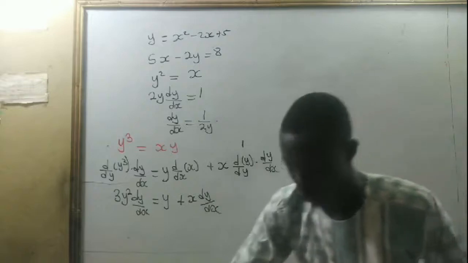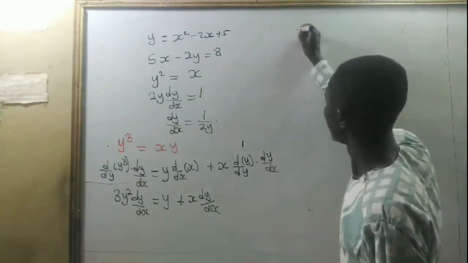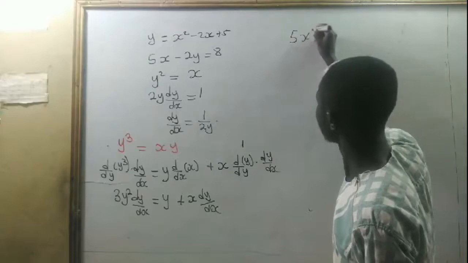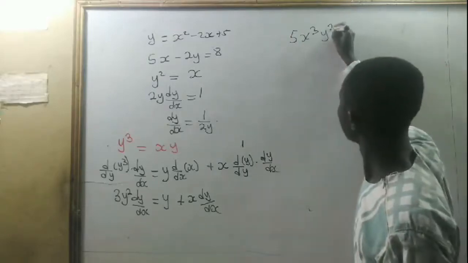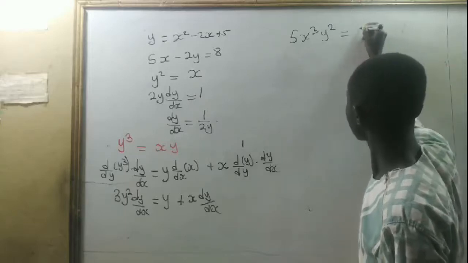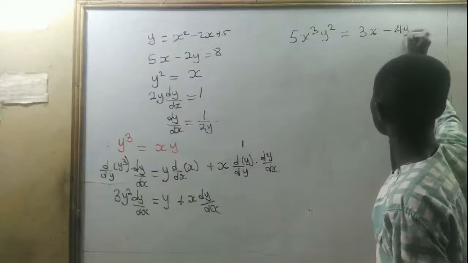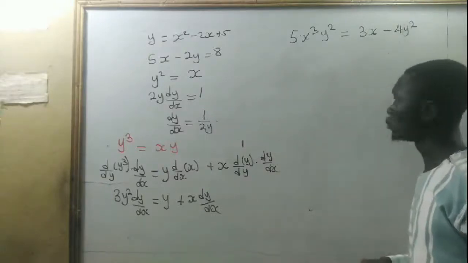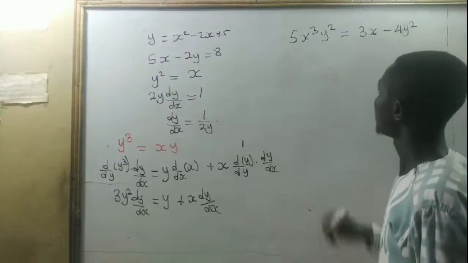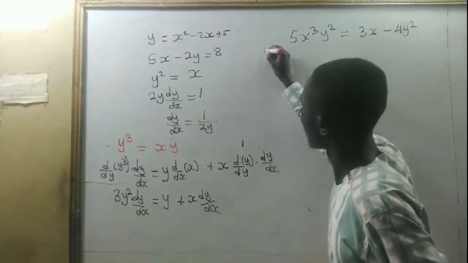Now the next example, we are going to consider 5x cubed y squared is equal to (3x minus 4y) to the power 2. Now let's go through this derivative. Here, 5 is a constant, so we will factorize the 5 out.